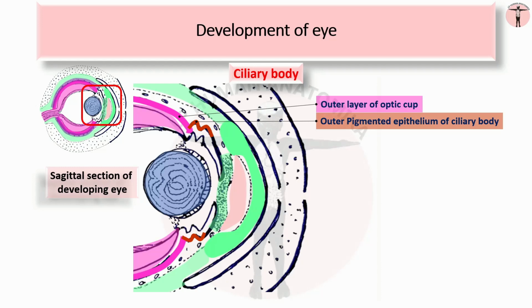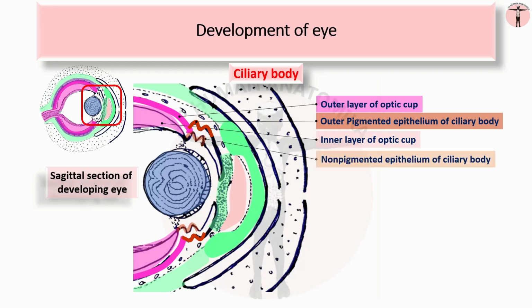We have seen previously that the anterior 1/5 of the inner layer of the optic cup, the pars ceca retinae, remains one cell layer thick and further divides into 2 parts, pars ciliaris retinae and pars iridica retinae. The pars ciliaris retinae develops into the non-pigmented epithelium of the ciliary body.